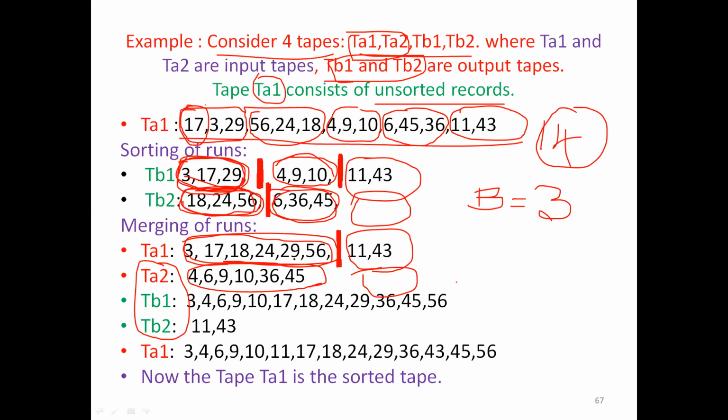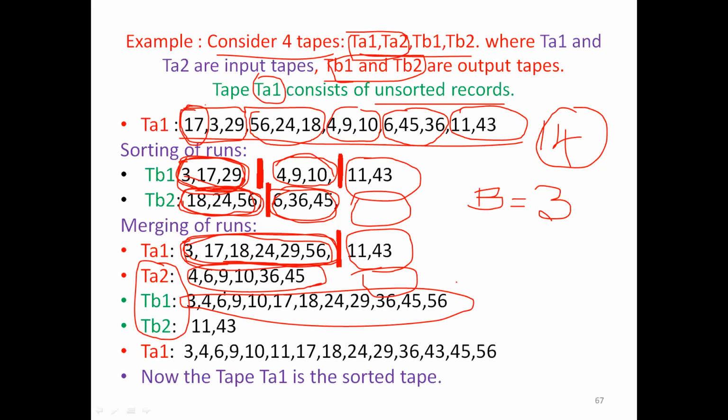Next, what will I have to do? Same thing. I will collect the first run from TA1 and TA2, sort them, and write back into TB1. So I'll collect these two runs from the tapes and sort them in the internal storage.